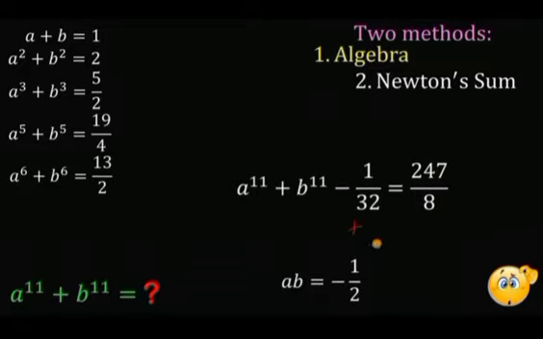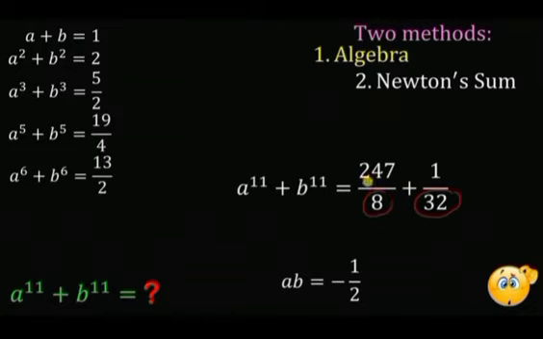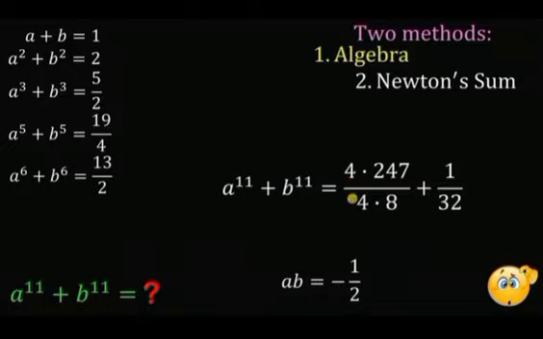Now, add 1 over 32 on both sides, and we get 247 over 8 plus 1 over 32. Now, take note, the denominator is not the same, so why not multiply 247 over 8 by 4 over 4? Because we know 4 over 4 is just 1, alright?